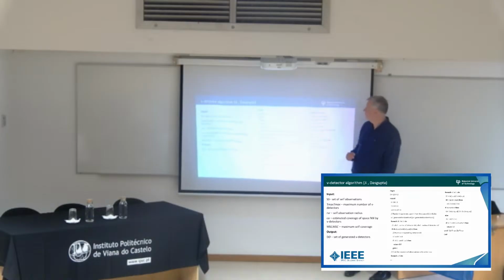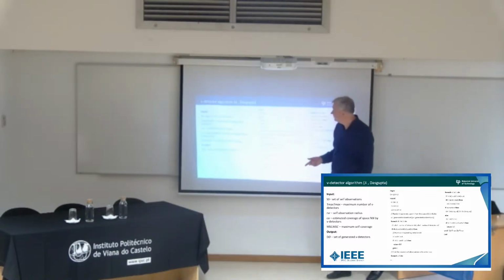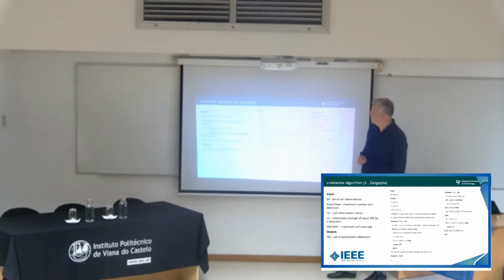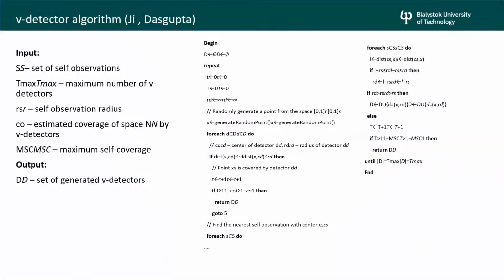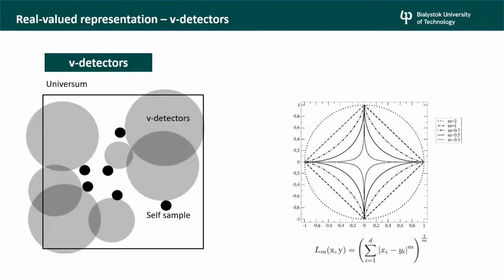Here there's a basic algorithm for generating V detectors. I will move to the previous slide. How are the detectors created?